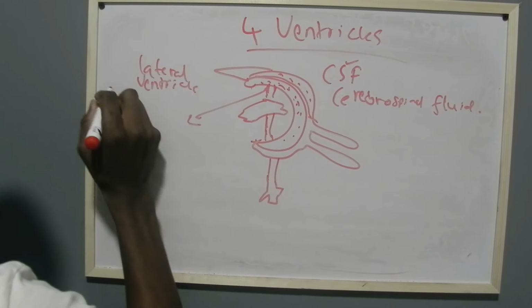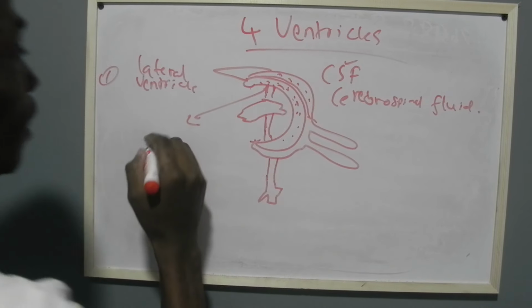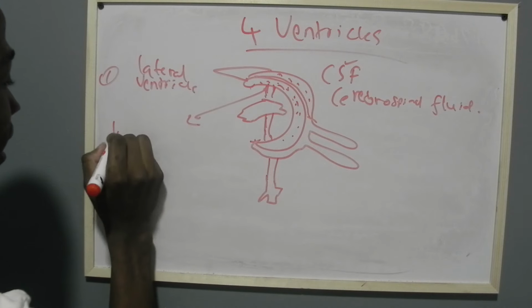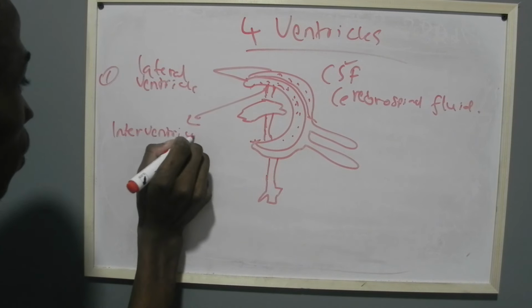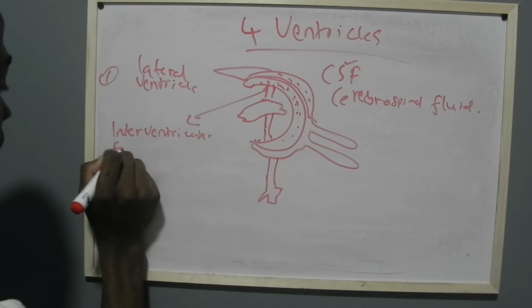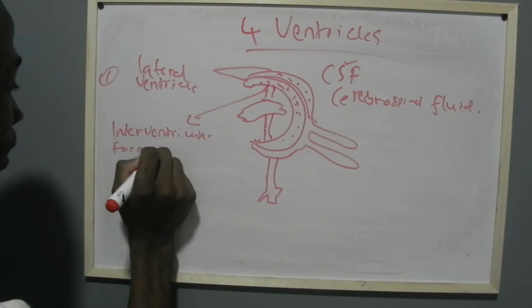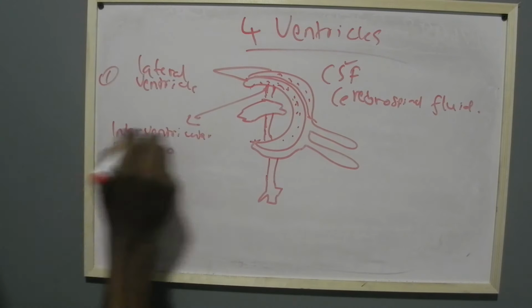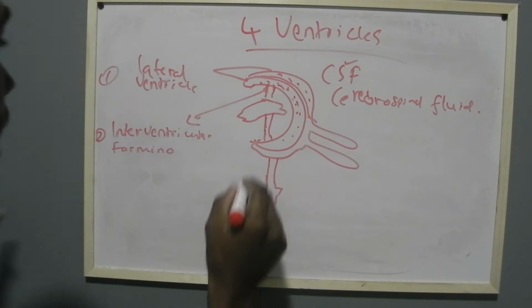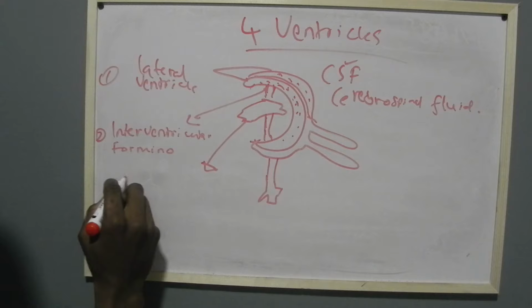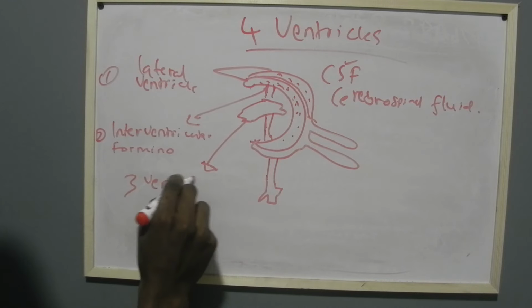And then here, this is the first of the four ventricles. And then here, this is called the interventricular foramen. And then this is the third one, the third ventricle.